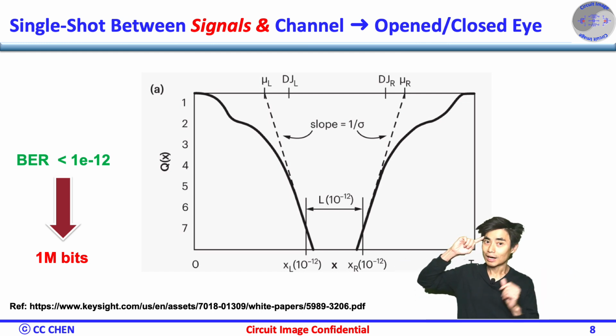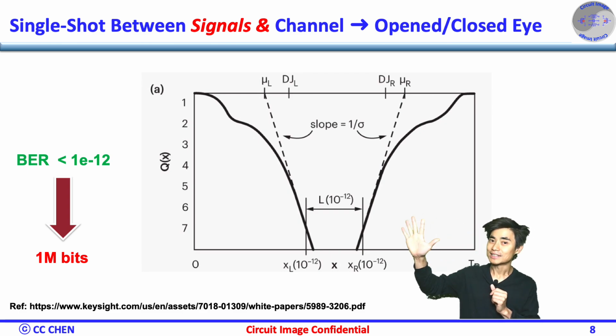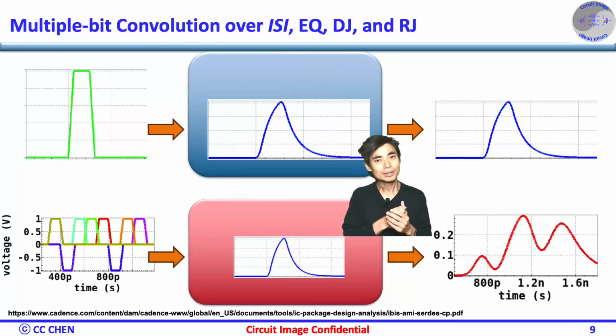Think about the convolution image from your signal processing 101 class for 5 seconds. Great. The output signal of any digital transmission can be modeled as the convolution of the input data sequence with the channel's single shot response, which directly shows you how each bit of data will be shaped and spread across time.